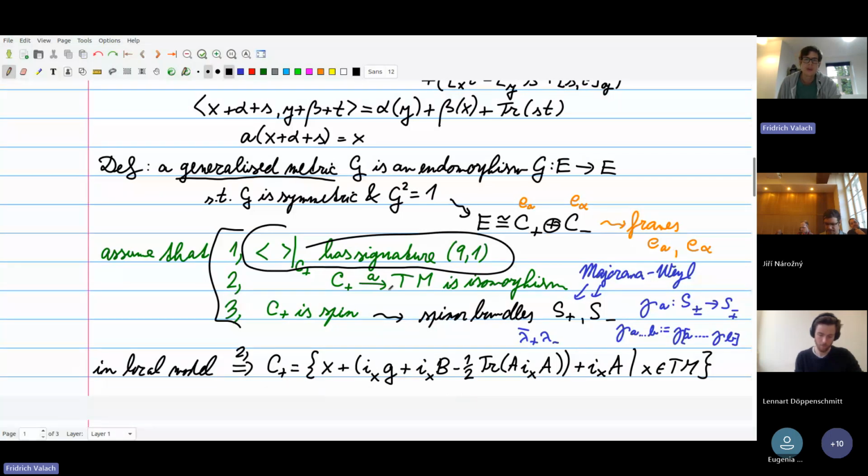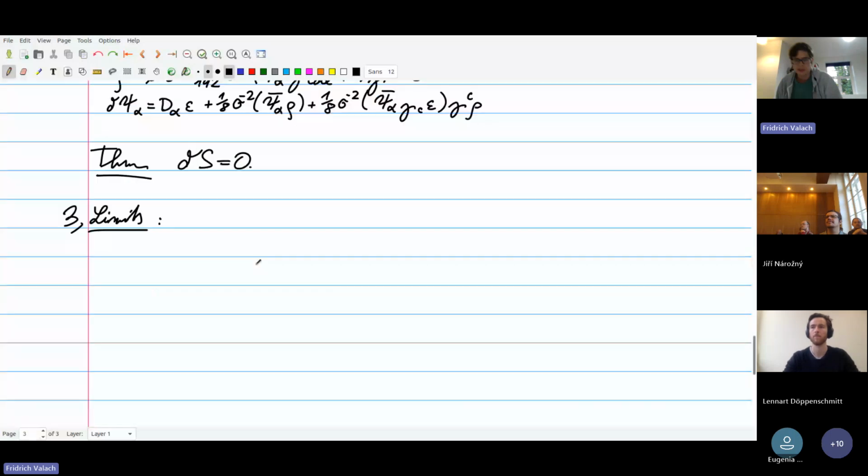So if you relax this condition too, then you can get some weird theories which have nothing to do with ordinary supergravity. In particular, you can study setups where your generalized metric, the subbundle C plus, is everything. This is the same as to say that this G is identity, which is a very strange thing because there is no metric, there is no B field, there is no connection, there is nothing.